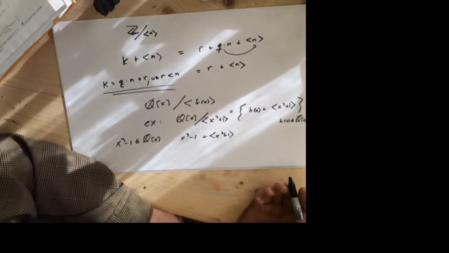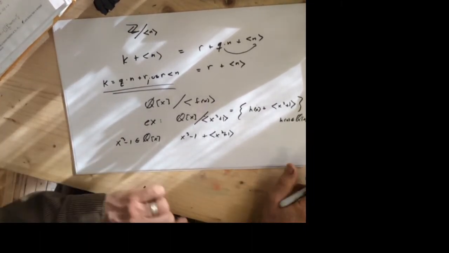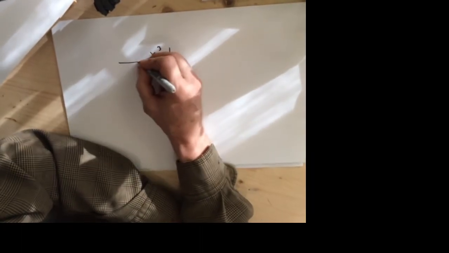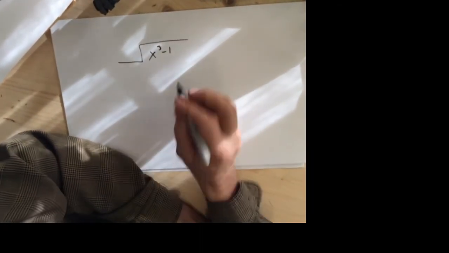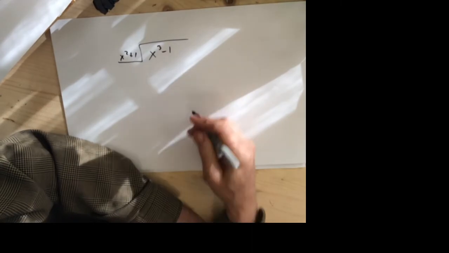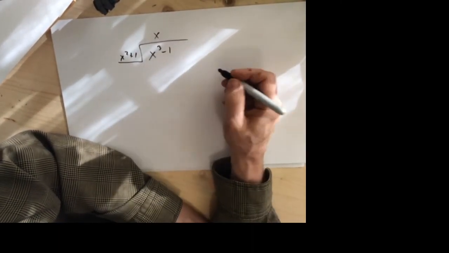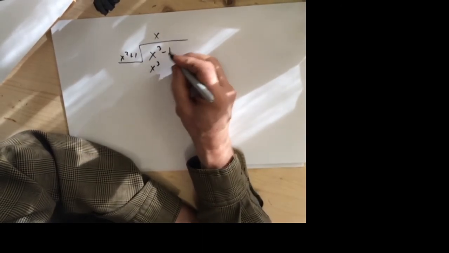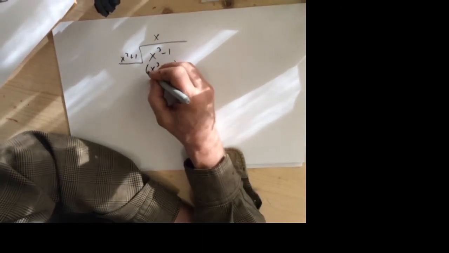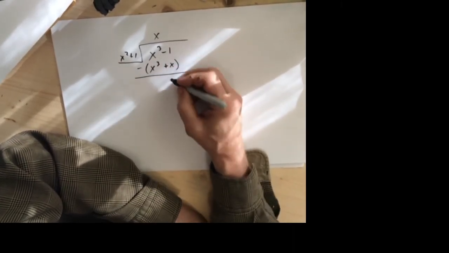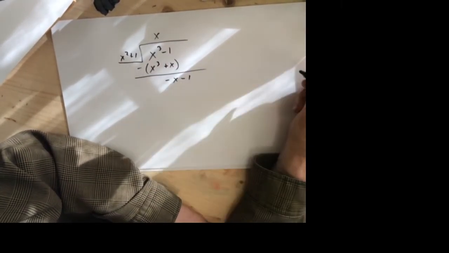But what we do is we do long division, or the division algorithm. So watch this. I'm going to take x cubed minus 1, and I'm going to divide it by x squared plus 1, and I'm going to ask how many times x squared goes into x cubed. It goes in x times. X times x squared is x cubed, x times 1 is plus x, and then we subtract. That brings x cubed minus x cubed, and then we'll have a minus x minus 1.